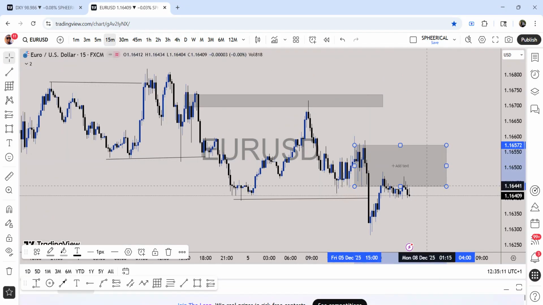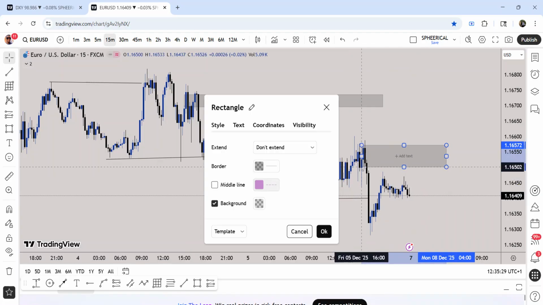And here, if you can see, this market has not given us a clear break, a clear change of character, and there is still a valid order block. So there is still a tendency that this market might enter this zone and touch this order block in 15 minutes.